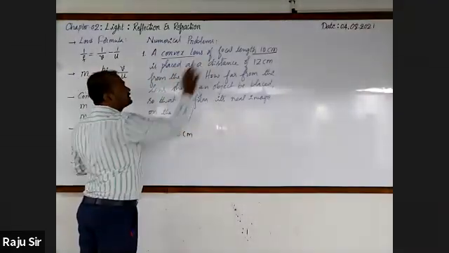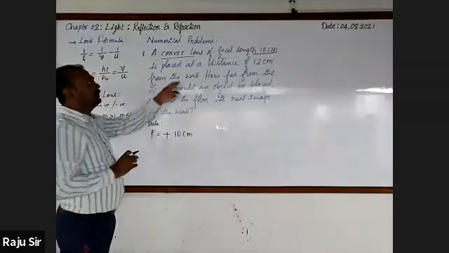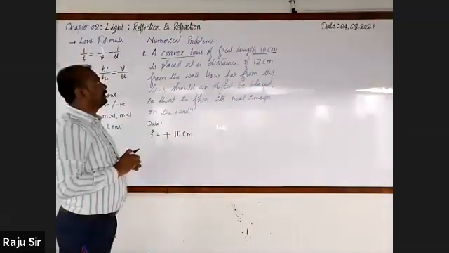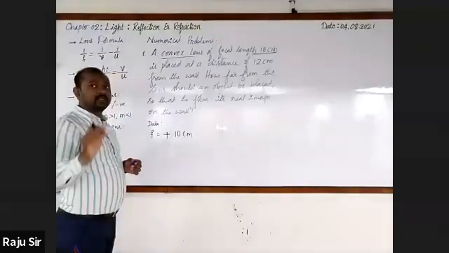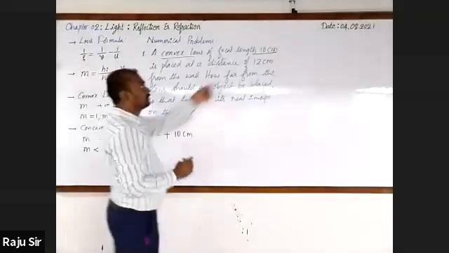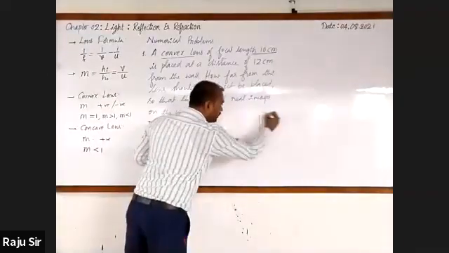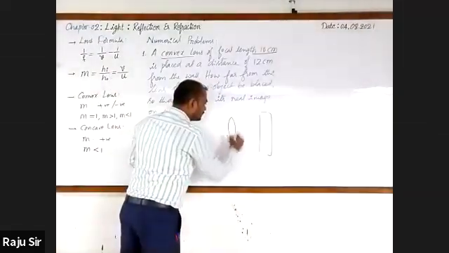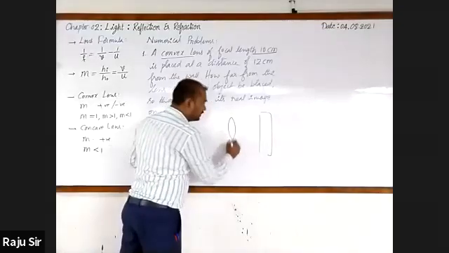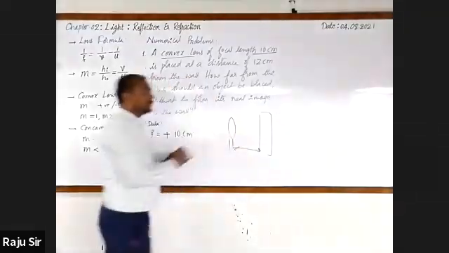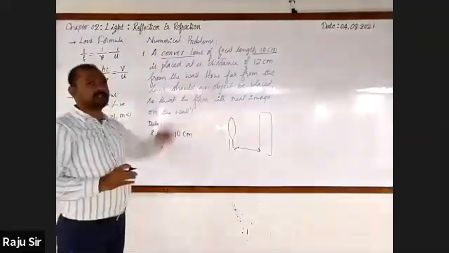Is placed at a distance of 12 centimeter from the wall. Convex lens is placed at a distance of 12 centimeter from the wall. See that this is the wall and here is the convex lens. The distance between the wall and the lens is 12 centimeter.